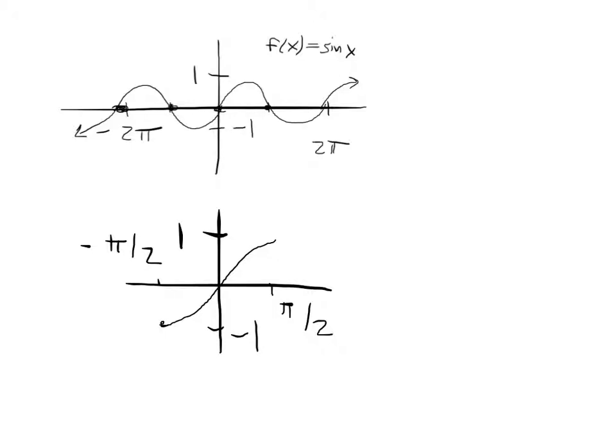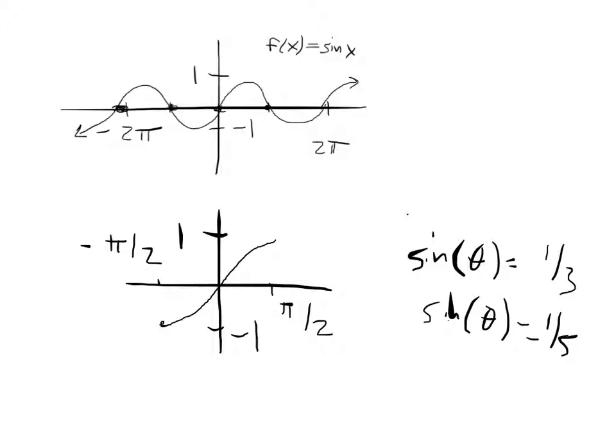And if I look at that piece, I note that if I were to pick a sine value, for example, if I tell you the sine of some angle is 1/3, or the sine of some angle is, say, -1/5, or the sine of some angle is, say, 0.3241, whatever value between -1 and 1.